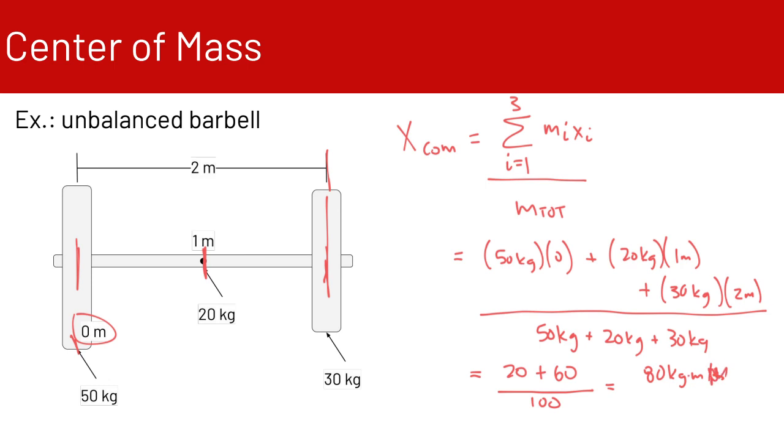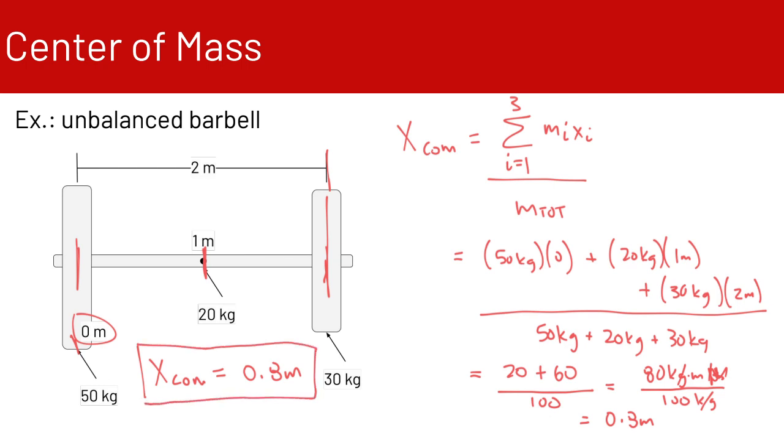Kilogram times meters divided by 100 kilograms. So our kilograms cancel, and we're left with an x center of mass of 0.8 meters. So our x center of mass for this situation is 0.8 meters. So our center of mass for this barbell is somewhere about here.